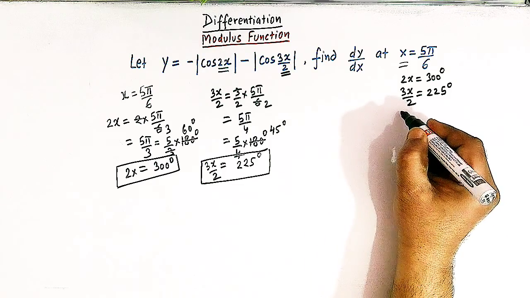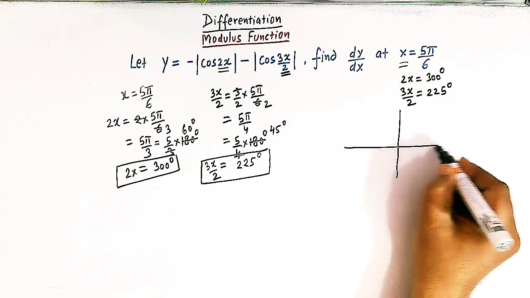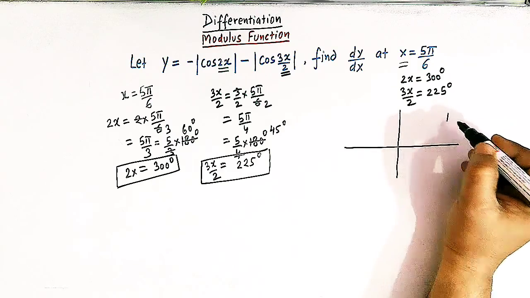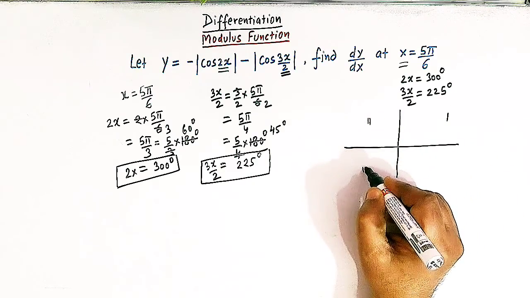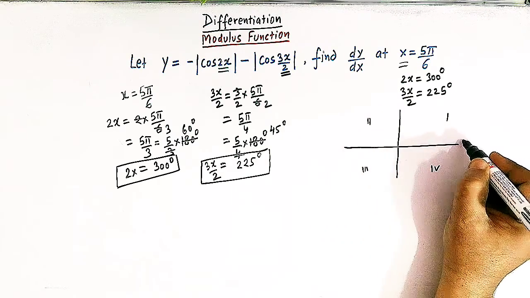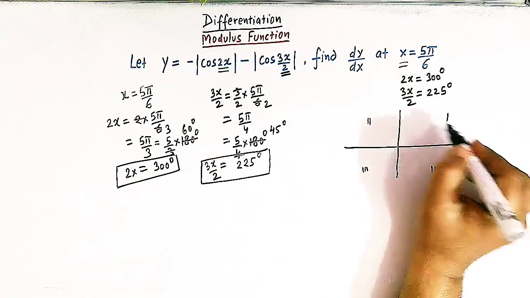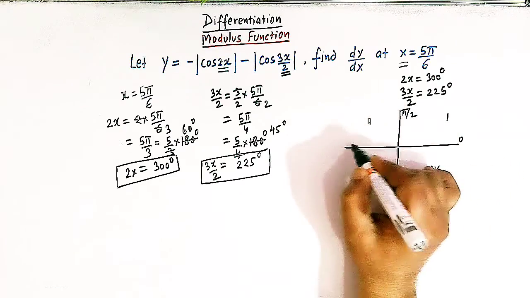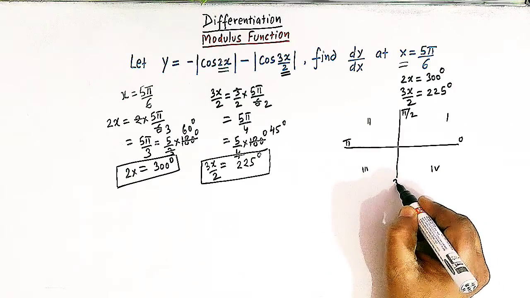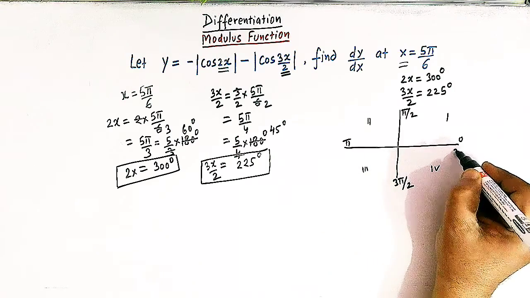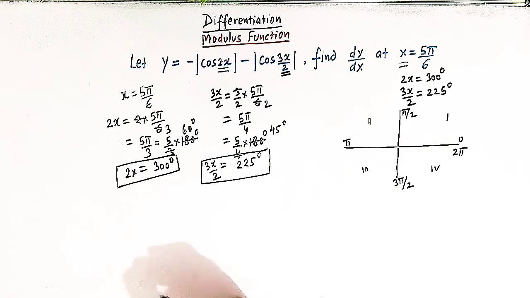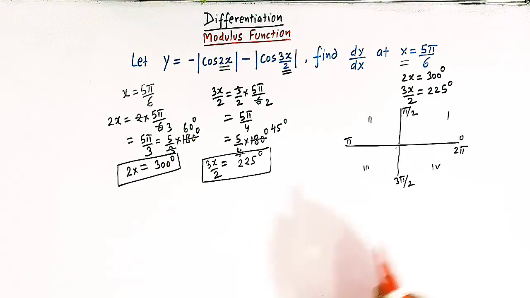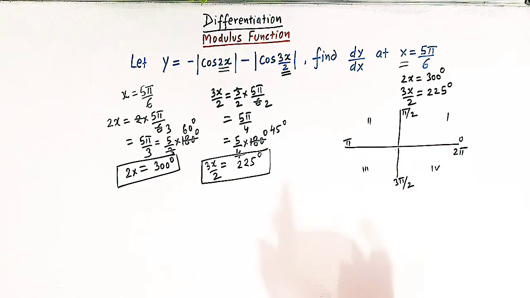Okay, so now let us consider the four quadrants. Now here, this is the first one, this is second, this is third, and this is fourth. And here we have 0 degrees, this is pi by 2, this is pi, this is 3 pi by 2, and here we have 2 pi, right? Okay, so now these are the four quadrants, right?